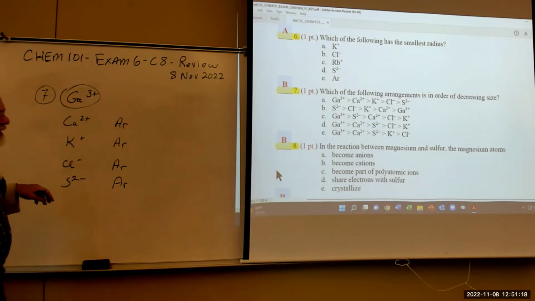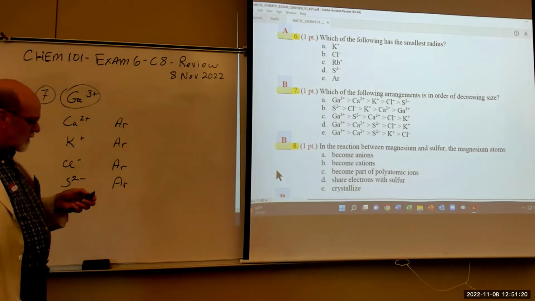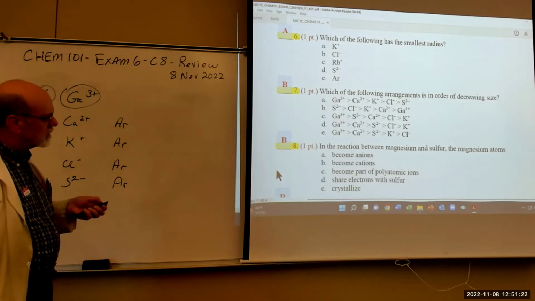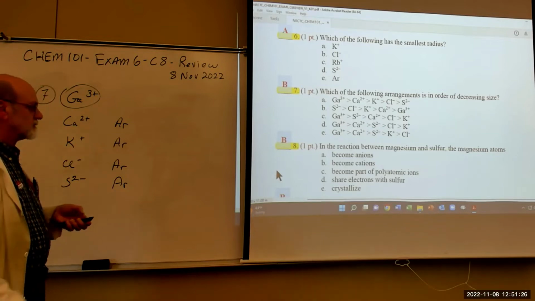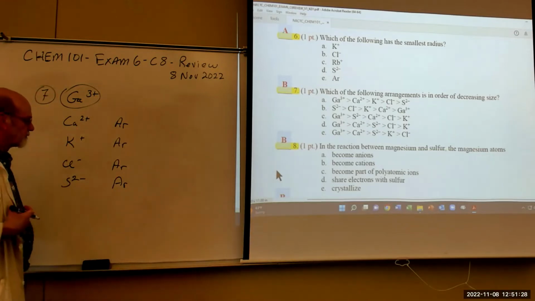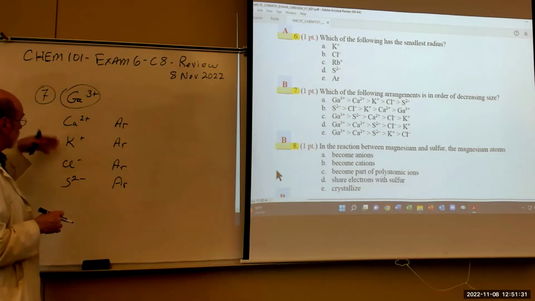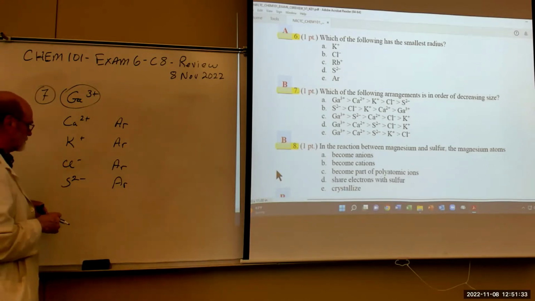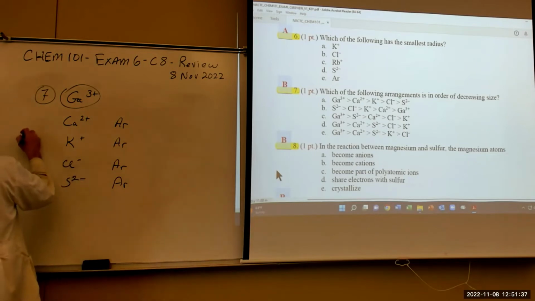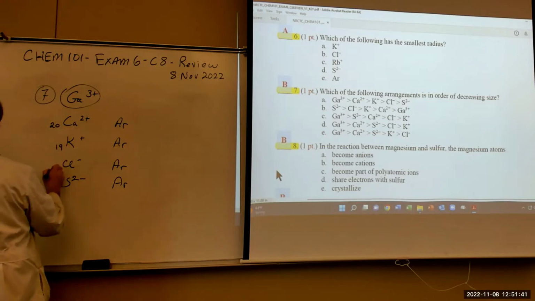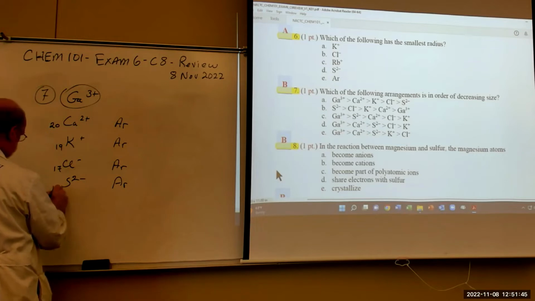Okay, we'll put it in decreasing order. Let's see, are those in decreasing order? Yeah, bigger, the way the carrots turn. That's good. So these should be in what order? If they're isoelectronic, then we look at 20, 19, chlorine is 17, sulfur is 16.